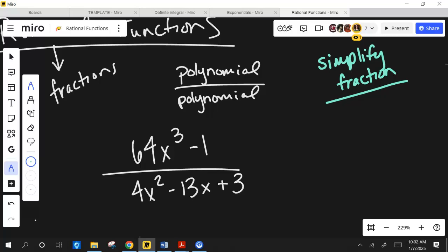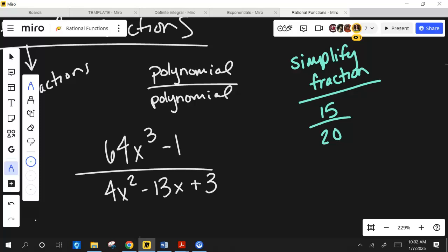Okay? So whenever I simplify just a normal kind of fraction, maybe even just 15 over 20, you're dividing them both by a common multiple. That's exactly right. I can also think of this as 5 times 3 over 5 times 4.